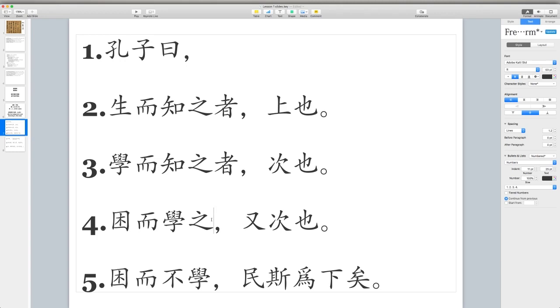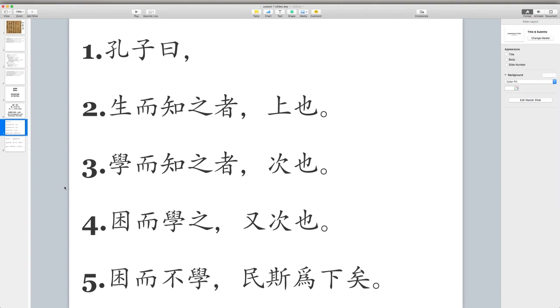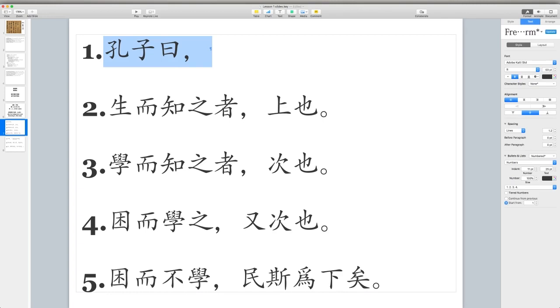And a lot of times that will clarify the syntax of the sentence for you. Okay, so let's go through one time smoothly. Confucius said, to be born knowing it, or to know it as a result of having been born, is best.